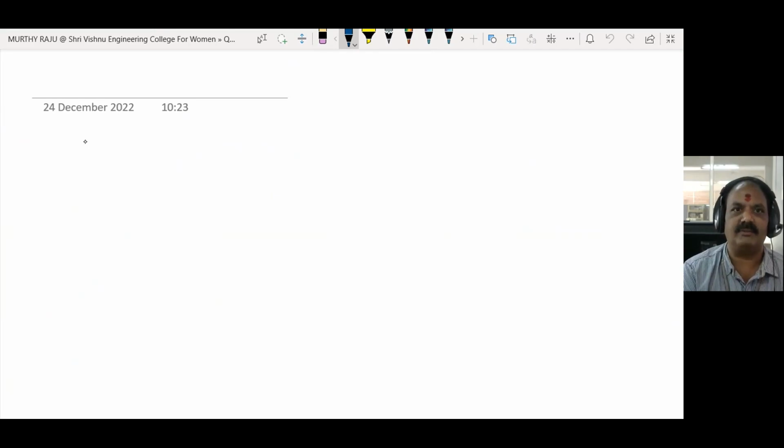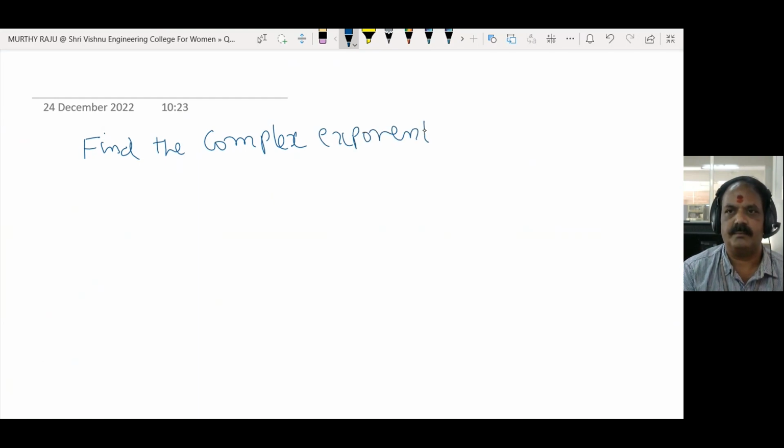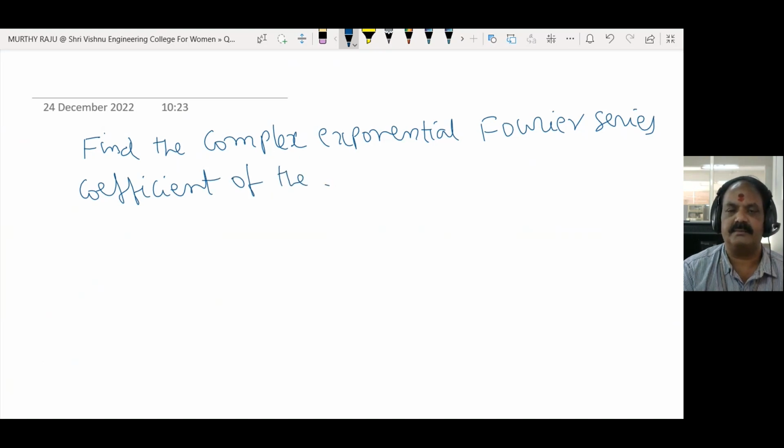In this video, I will explain how to find the complex exponential Fourier series coefficients of the figure shown below.